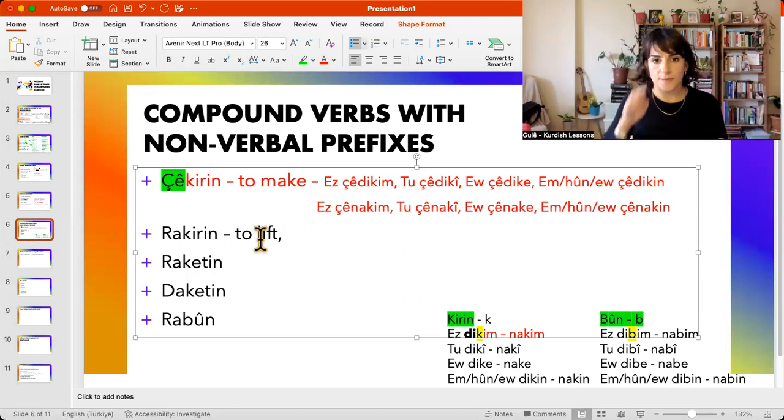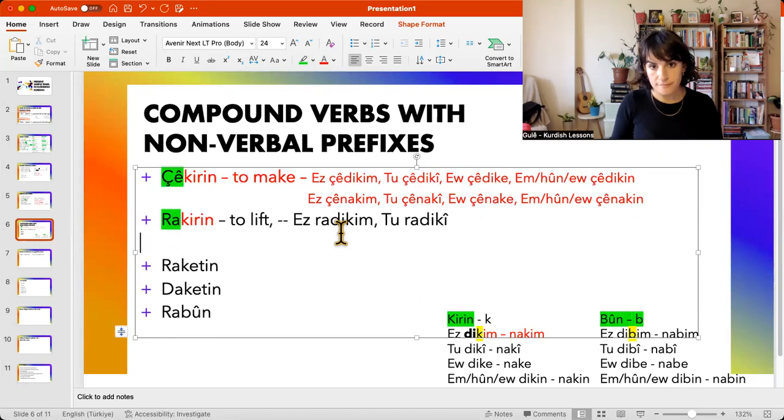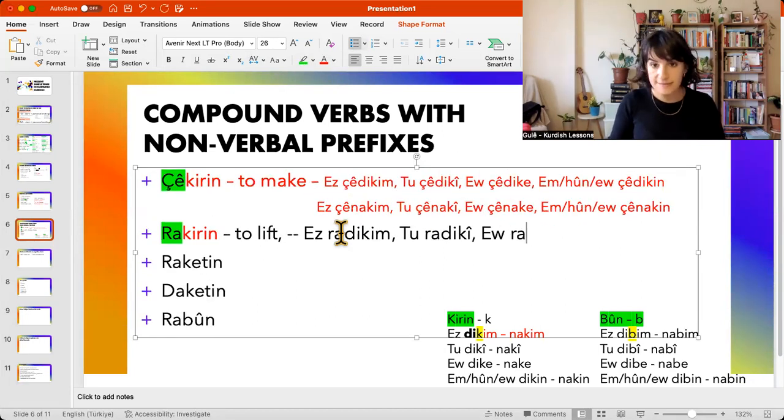So here again, same verb, kirin, and ra is our lovely prefix. Students hate it. So, as radikim, tu radiki, ev radike, em hun ev radikin.